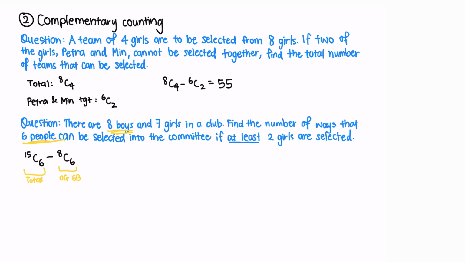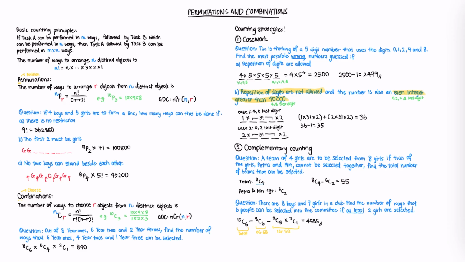And then what we're going to do is minus 8 choose 5, because we're choosing 5 of the 8 boys, times 7 choose 1 in order to get 1 girl, 5 boys. And this should net us 4585.